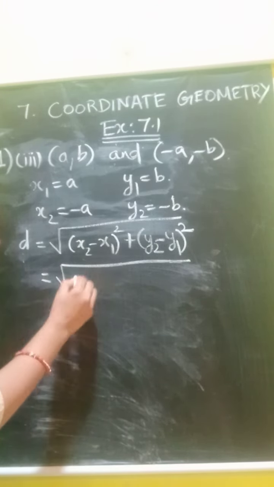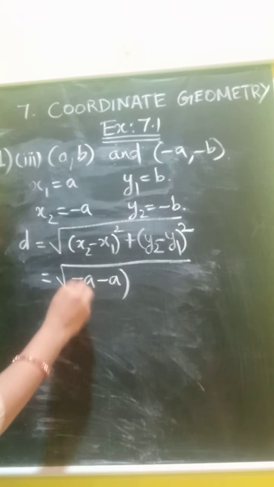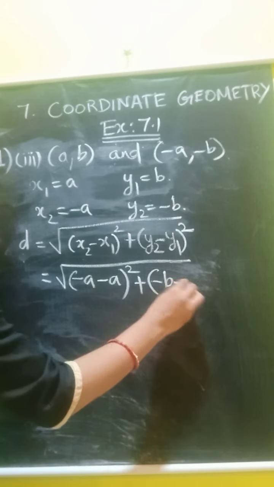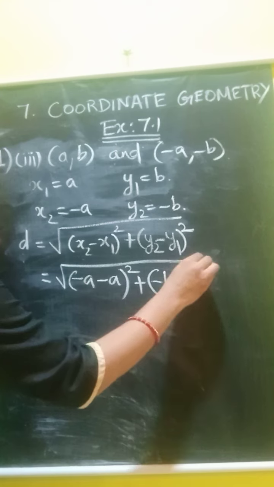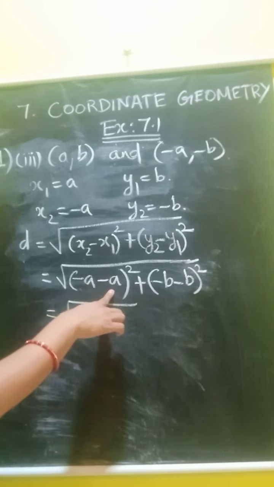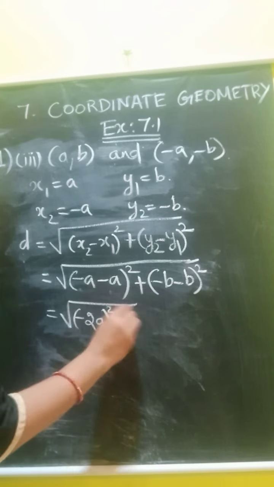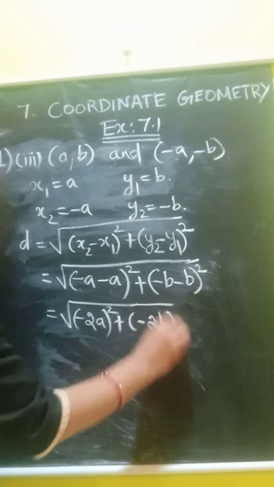x2 is minus A minus x1 is simply A square plus similarly minus B minus y1 is B, so all within the square root. So we know very well minus A minus A is minus 2A the whole square plus minus 2B the whole square.